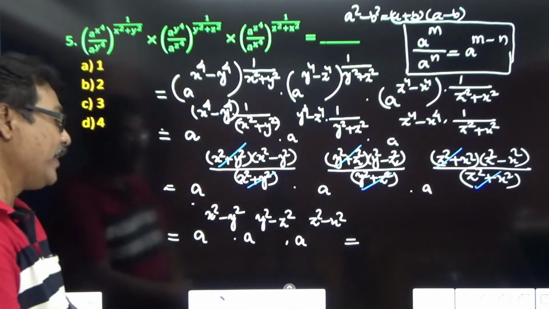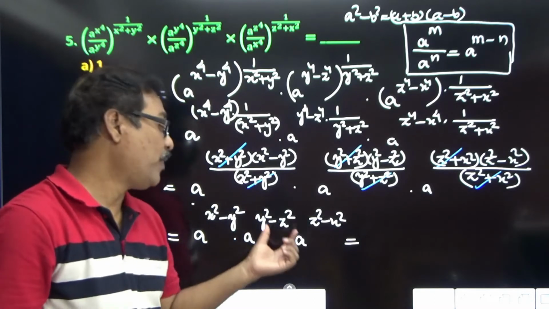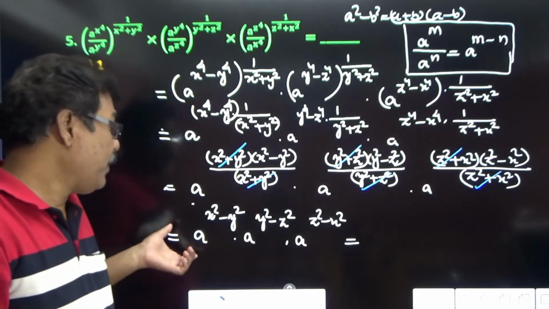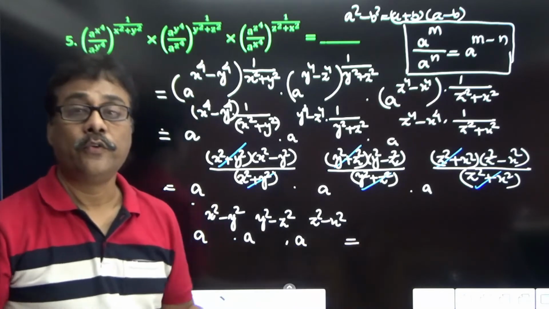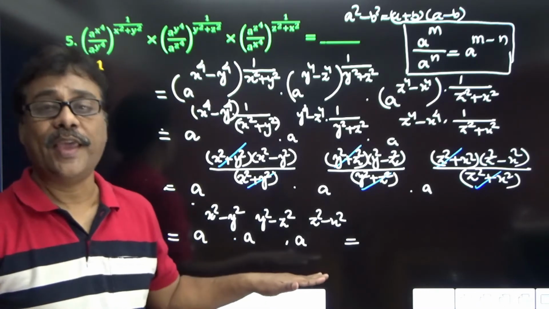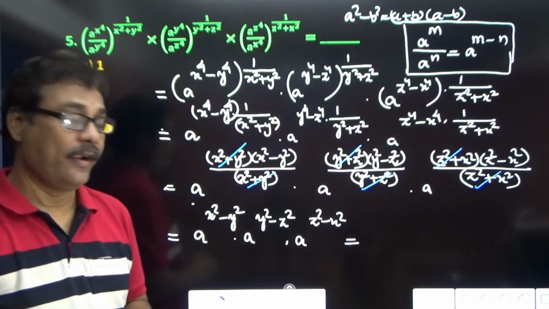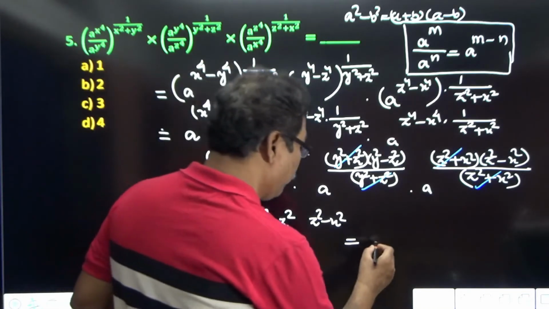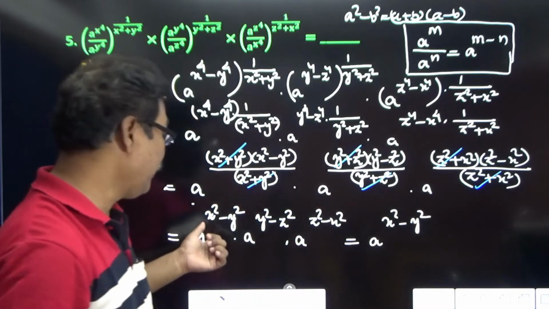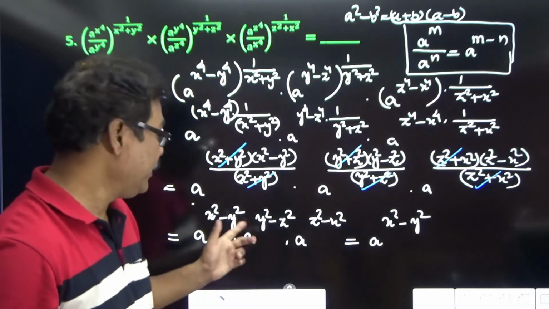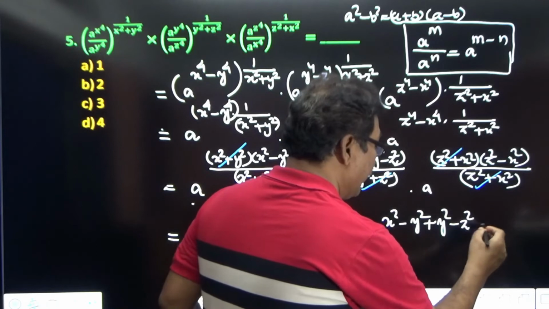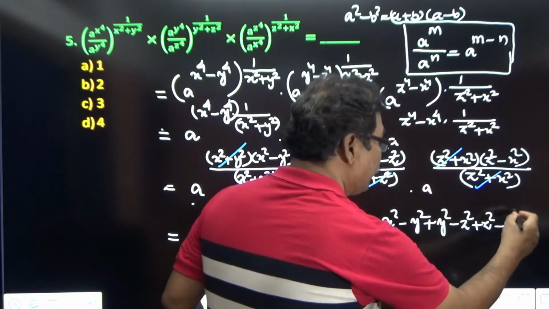Now see what we are getting: a to the power this, a to the power this, a to the power this. All of you can see here that the base is constant, so the powers will be added. That is the formula for exponents: when the base is the same, powers get added. So let us add those powers: x square minus y square, plus y square minus z square, plus z square minus x square.